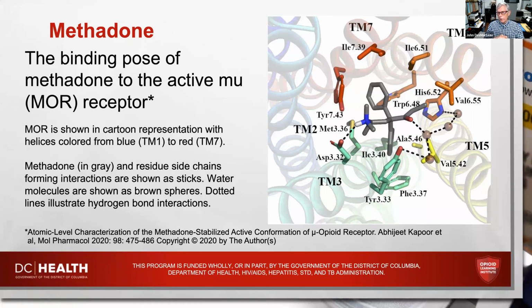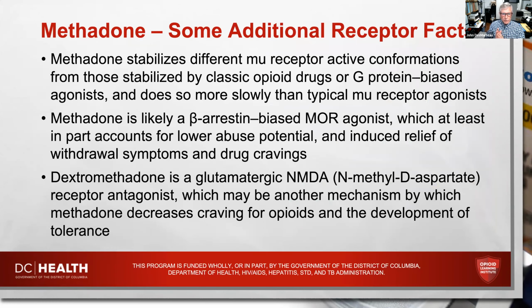Here's just a graphic of methadone binding in the mu receptor, kind of like what we saw with fentanyl. So methadone also is a beta-arrestin biased mu opioid receptor agonist.